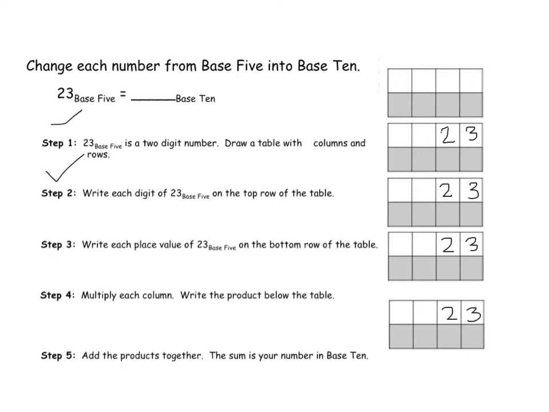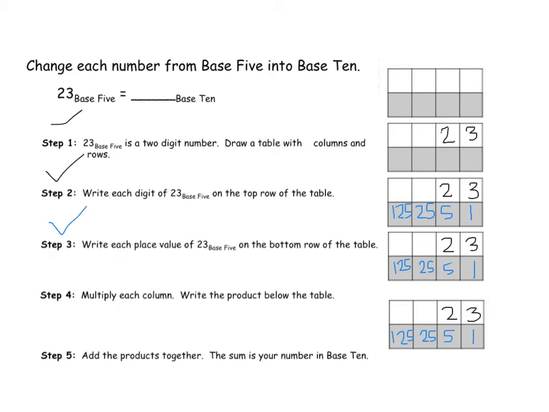So starting right to left, we have the ones place, the 5s place, the 25s place, and the 125s place. And I'm going to go ahead and copy that down to all of my remaining tables. Okay, so that was step 3.